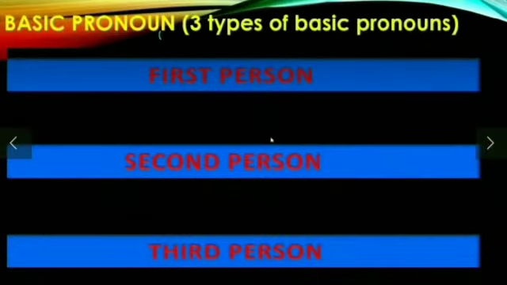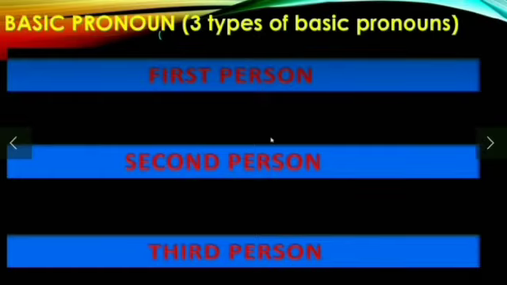Now let's learn about the basic pronouns. Friends, there are three types of basic pronouns, means we can divide it into three parts: first person, second person, third person. Friends, can you tell me what is first person, second person and third person? Yes.